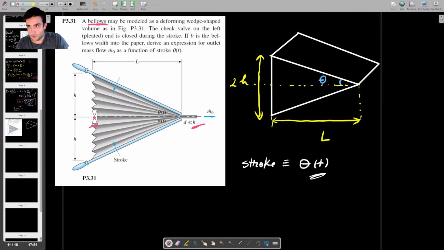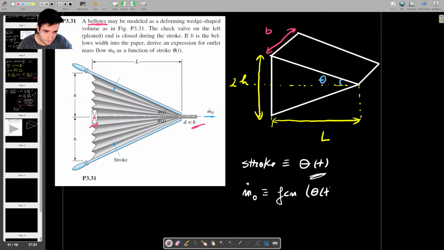Okay, and we also know that B is the width into the paper. So this side here, this is what B would be like, and we have to figure out an expression for the mass flow rate. So we want to know what's this m dot 0 as a function of theta.